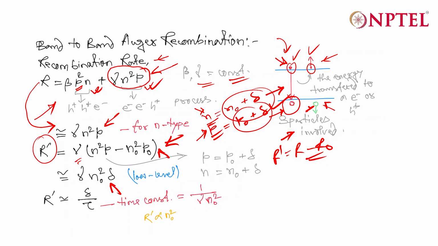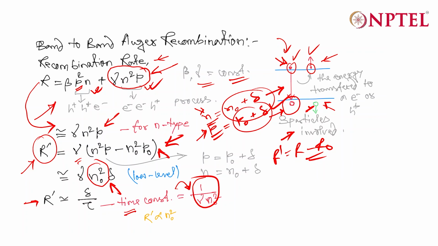So in this case, you can see that your excess carrier recombination rate is proportional to n0 square. Previously, it was proportional to n0, right? And in this case, even if you write the expression as R dash is equal to delta by tau, tau is your time constant, then the value of tau in this case will be 1 by gamma into n0 square, as it is shown over here. So this is the expression for band-to-band Auger recombination.